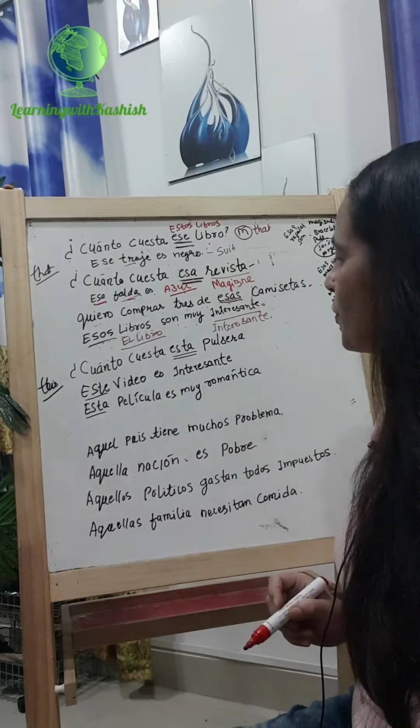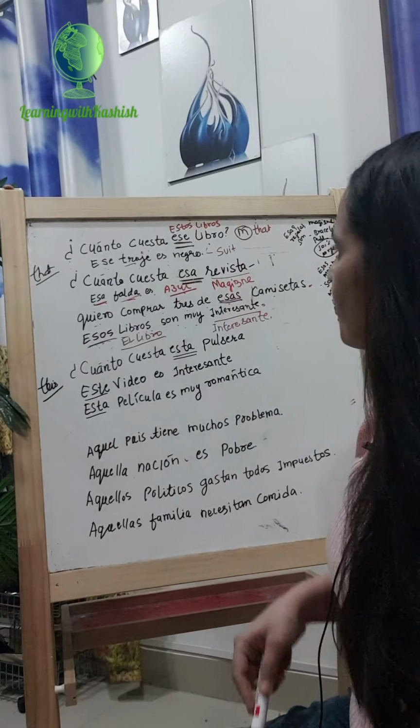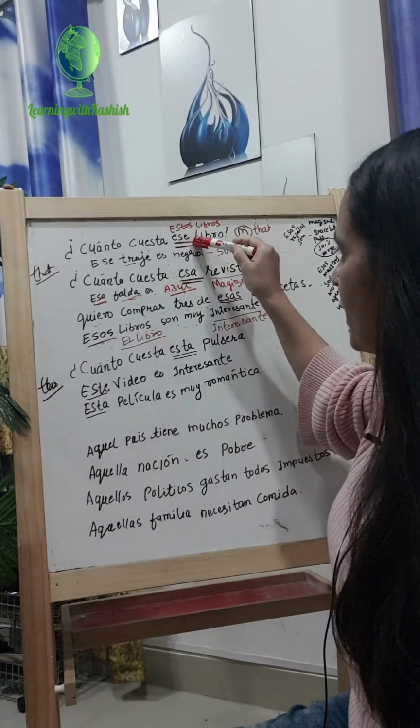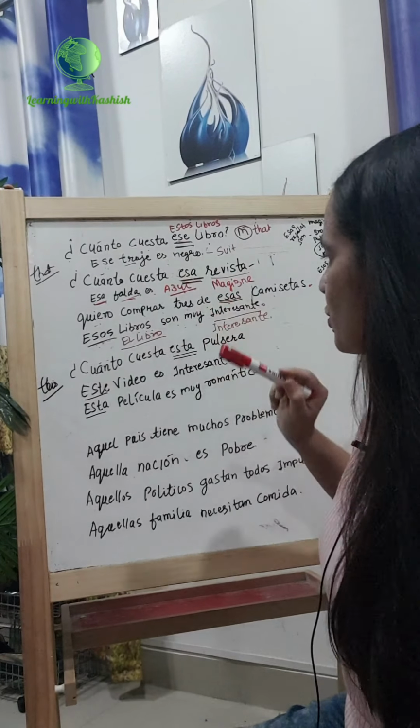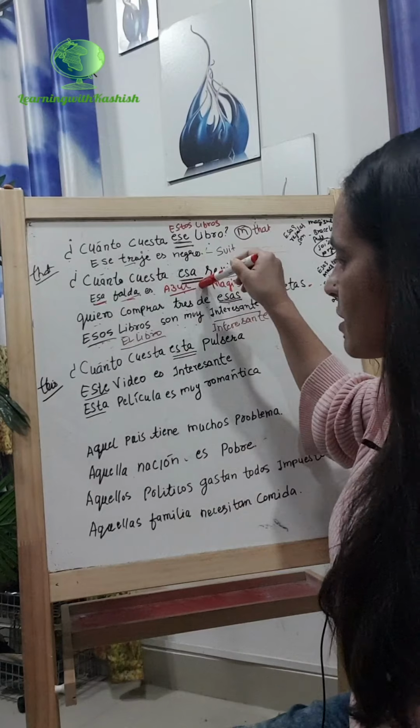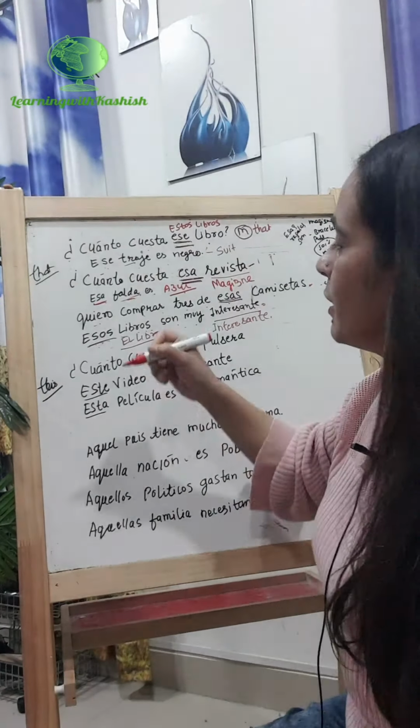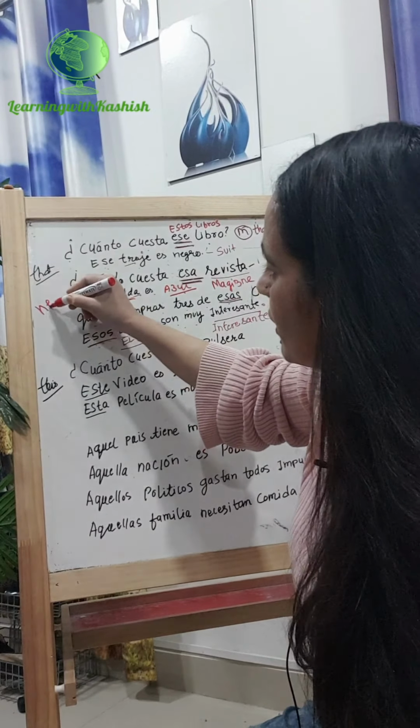Okay, this is how we pronounce it. So this is how we use ese, esa, esas, esos, okay.